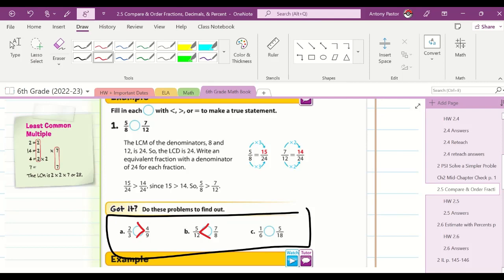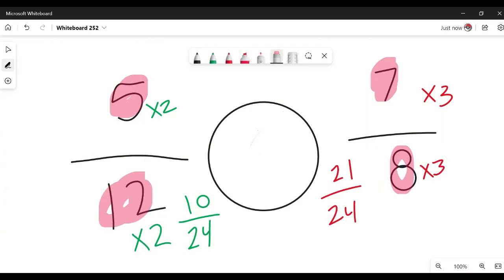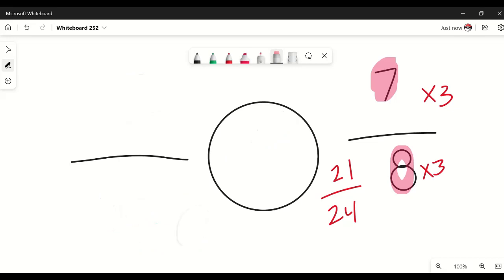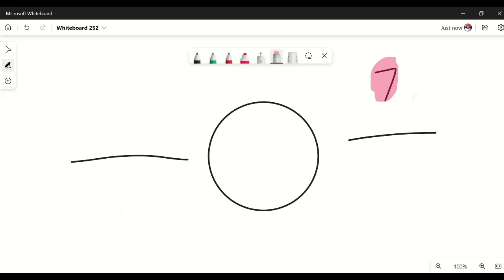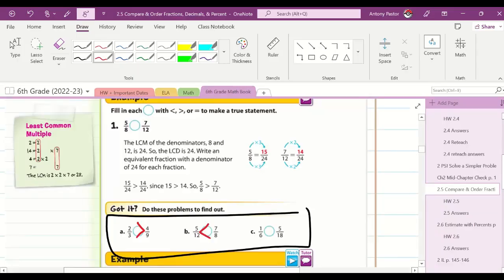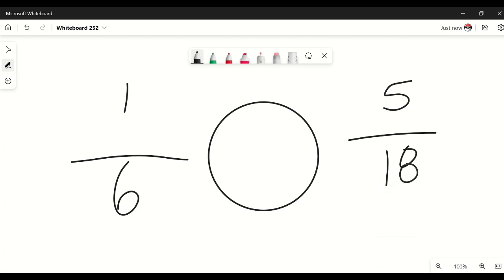And our last example, 1/6 and 5/18. Now, I know that 6 goes into 18. I'm going to multiply 6 by 3 to make this 18. Remember, you don't have to change both fractions.